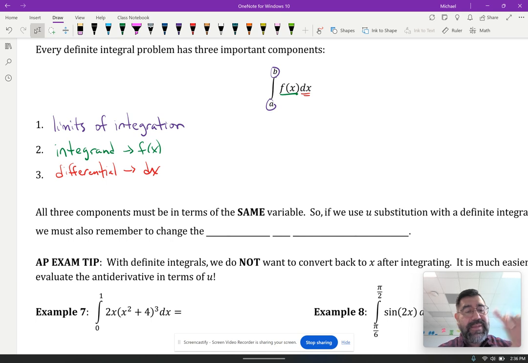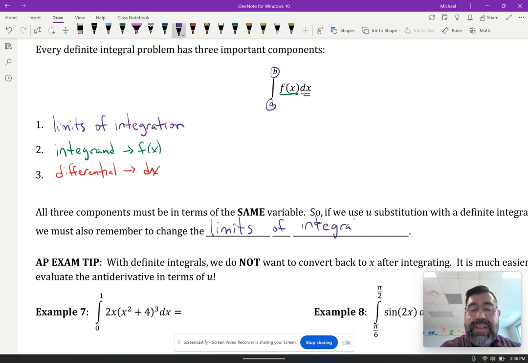There are good things and bad things about it. If we use substitution with a definite integral, in other words, I have a starting point and an ending point, I see numbers on my integral symbol, then I also have to remember to change the limits of integration.